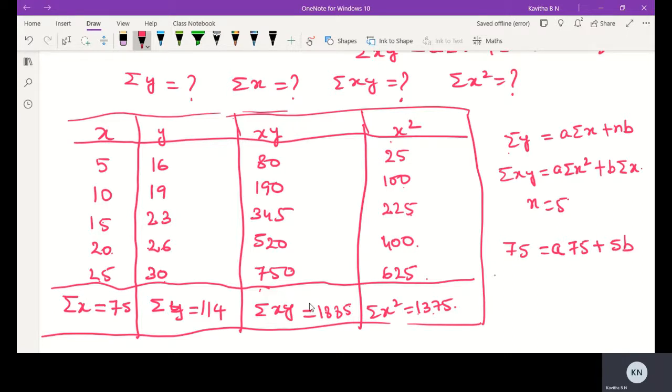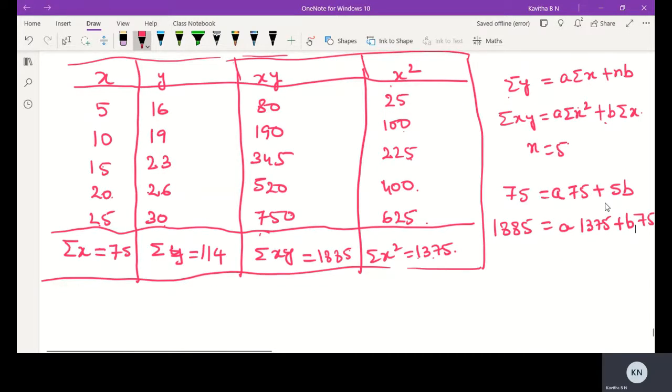Summation of xy is 1885, a into summation of x square is 1375, plus b, written as it is, summation of x is 75.